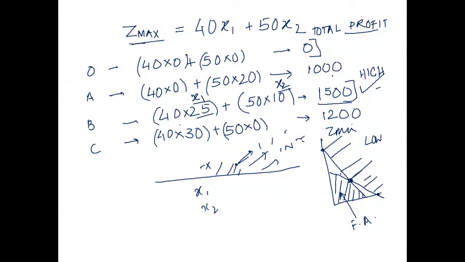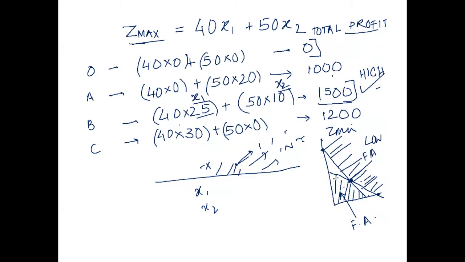If it is a minimization problem, we'll consider the area outside the point of intersection. This will be the feasible area. We are not considering this. Why? Because this is common to all. This area will be common to all the points.